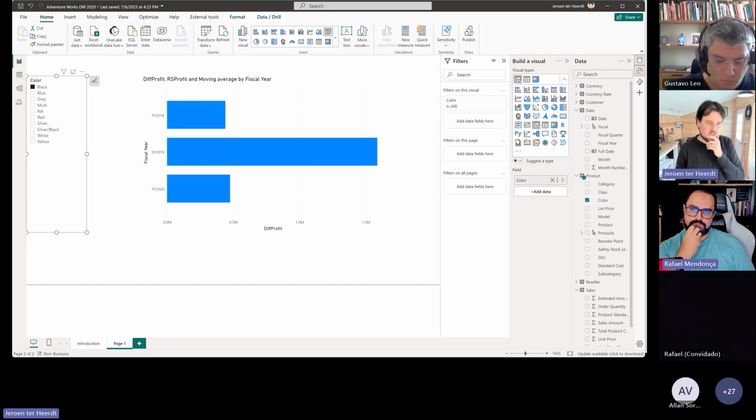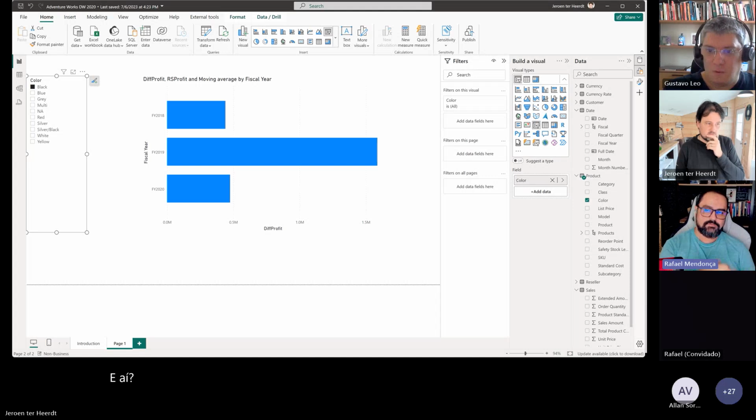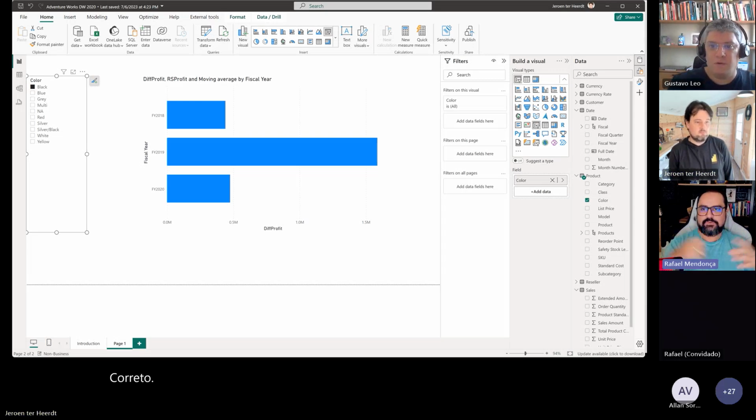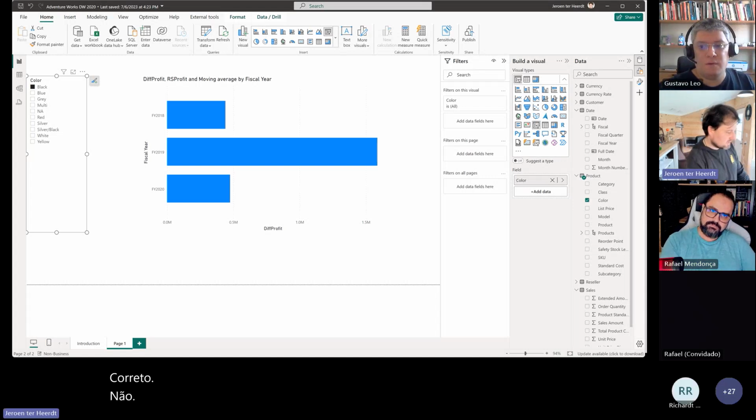Did you understand? All the calcs that I create in visual calcs, are they calculated with the data of the visual, or are they translated to another DAX function? No. They are executed with the data of the visual.